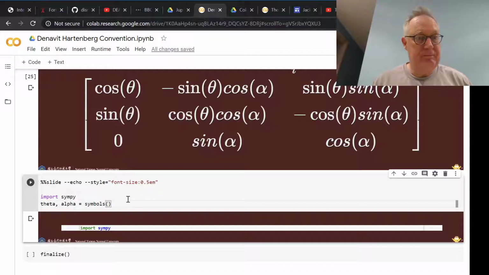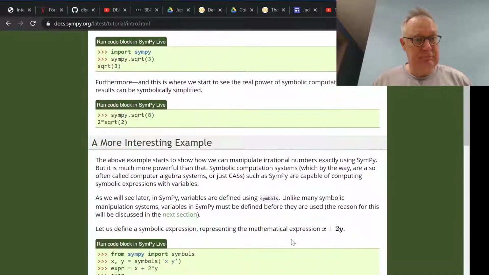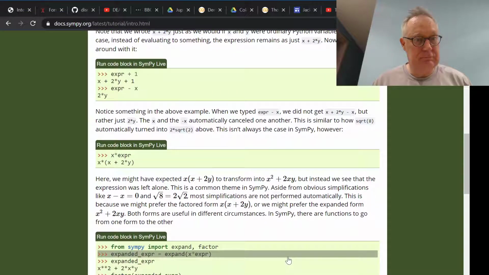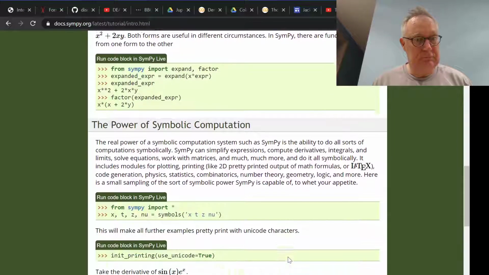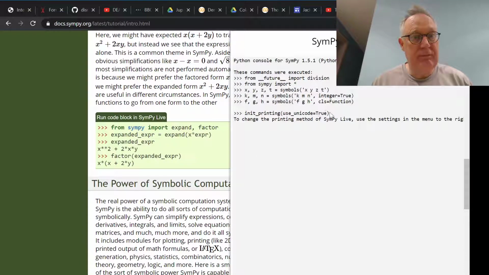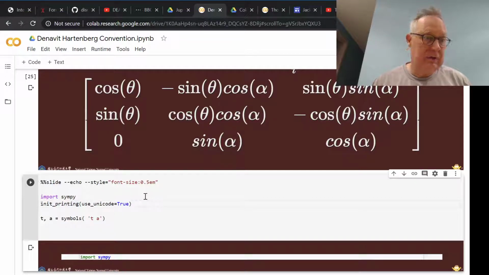And T and A, oops. We can define that we want to use Unicode printing, then it makes it look a little bit nicer.